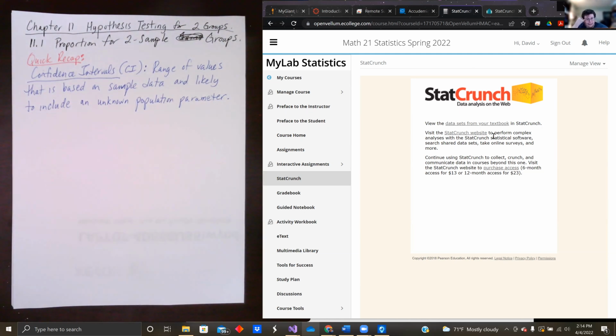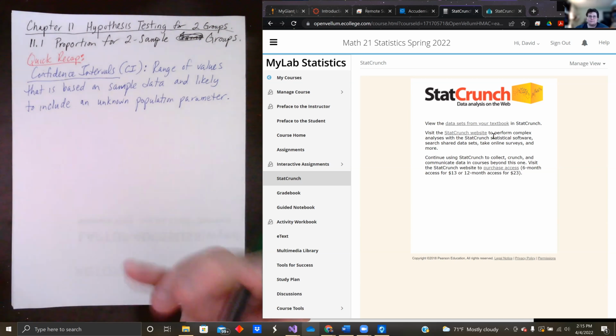We found the error distance around the mean, the margin of error, and the width was 2 times the error. With a 95% confidence interval, we're 95% confident the actual population parameter lies in that range, and it's based on sample data.